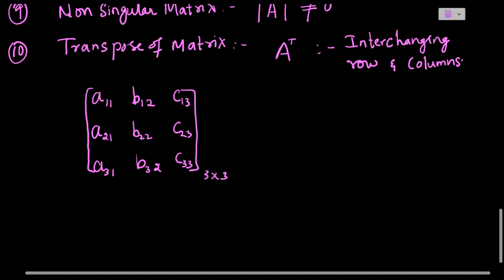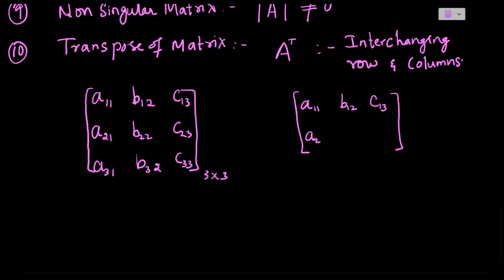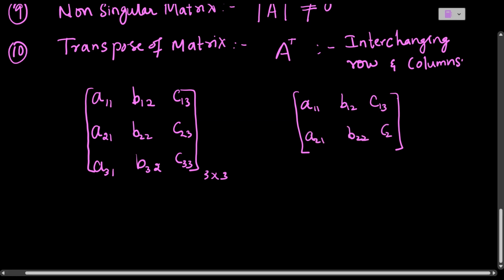Suppose I have a matrix with a bracket and only A11, B12, C13 and A21, B22, C23. So I have only 2 rows. This is row 1 and this is row 2. And how many columns am I having? 3 columns: column 1, column 2, column 3. This will be called 2 rows and 3 columns. So the first one is row and the second one is column, row by column.